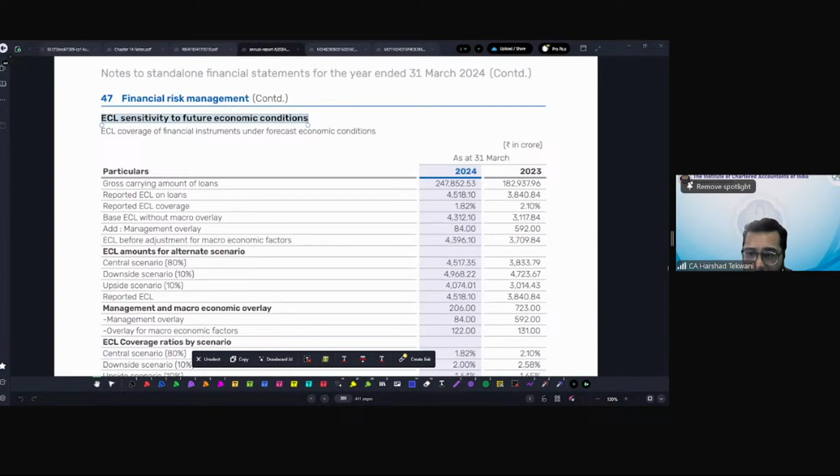Now tell me one thing quickly. Whether the auditor of the NBFC is required to report on the matters which are there in the CARO 2020. So is CARO applicable to NBFC? Yes or no?